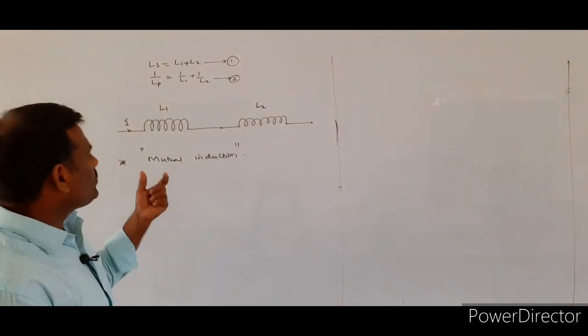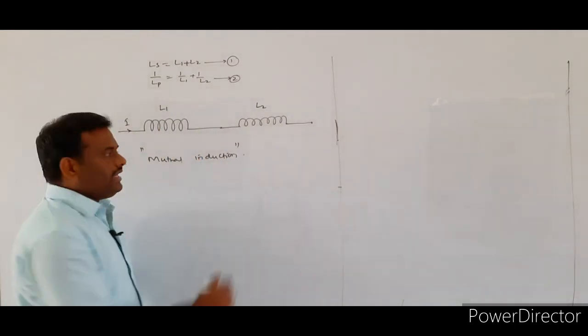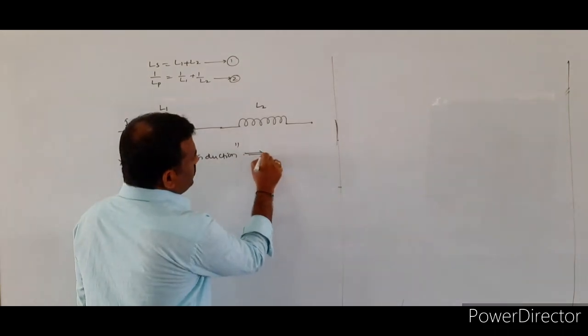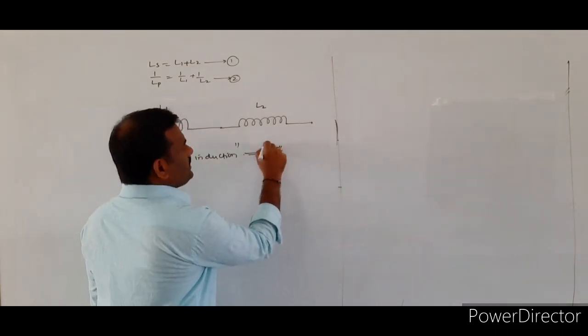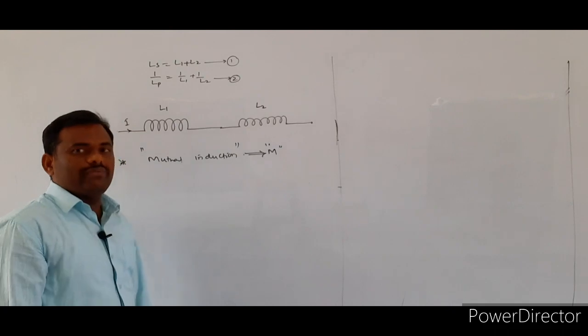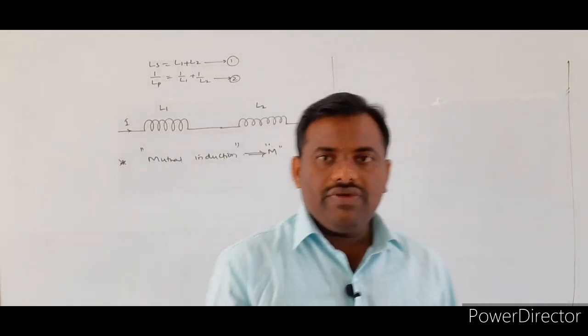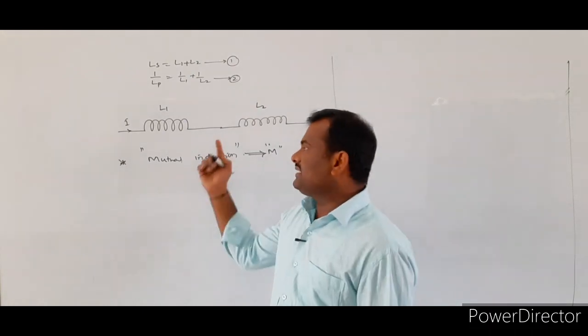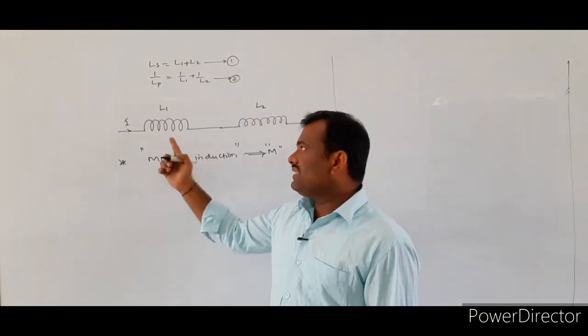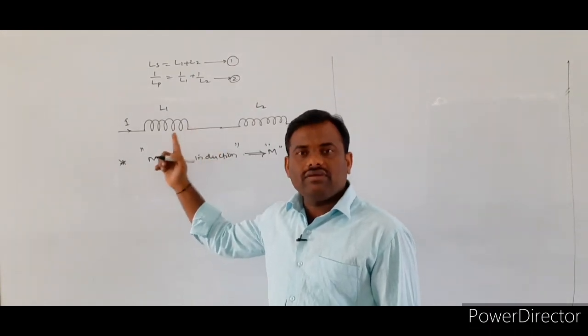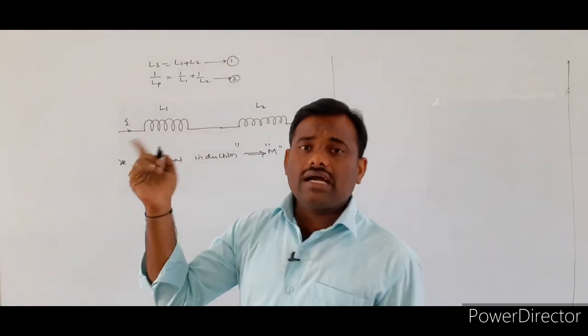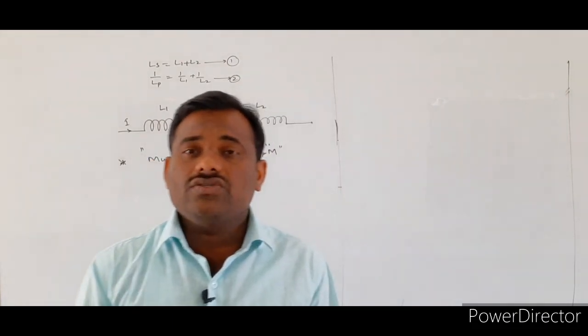And whenever the mutual induction phenomenon is there, the coefficient of mutual induction is also there. That coefficient of mutual induction will be taken as capital M. Once again, see here, we consider two coils placed in series combination. Whenever a current is passing, flux will be linked with the coils. Whenever the current changes, the flux also changes.